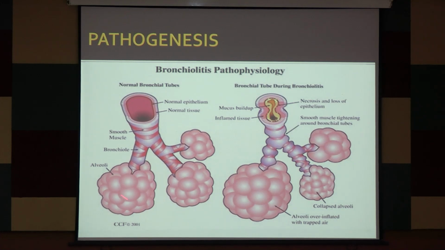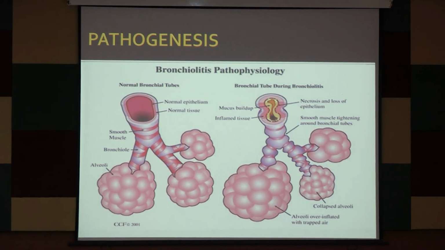When the disease affects this, it will be termed pneumonia, but we will be discussing the disease pathogenesis here. So in the tubes, when the virus infects the bronchiole, there is necrosis and loss of the epithelium, and there is mucus buildup in the tubes.